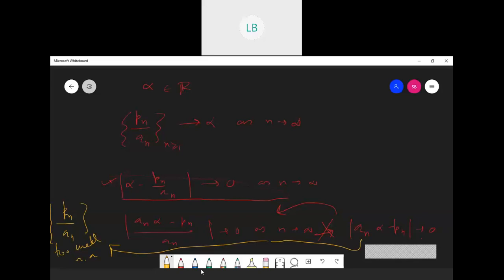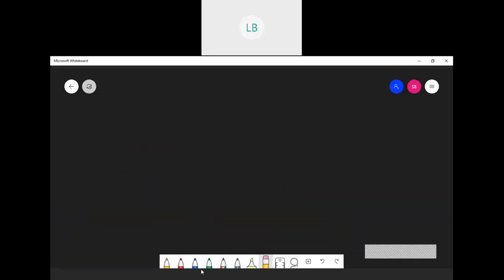Now there is a point to think about. Let me sum up a bit. If Pn by Qn is a sequence of rationals such that alpha minus Pn by Qn goes to 0 as n tends to infinity, then we say Pn by Qn is a rational approximation of alpha.